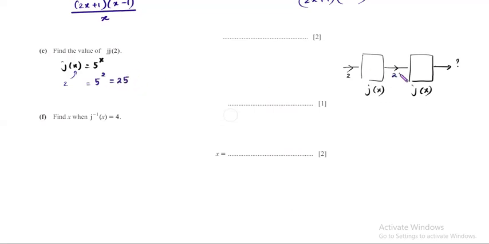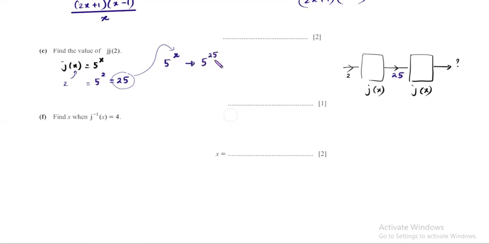This 25 is the output that I get for the first function machine. It becomes the input of the second function machine, and we are asked for the final output. So this 25 should be sent into this 5 to the power x again, where this x gets replaced with this 25, which becomes 5 to the power 25.